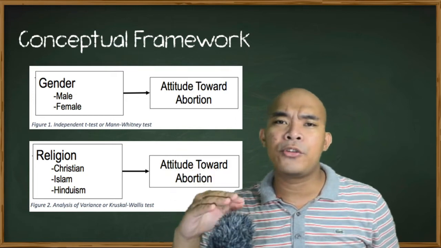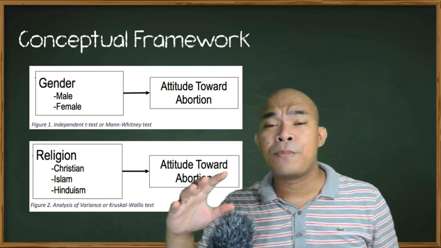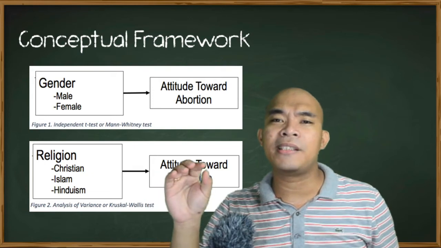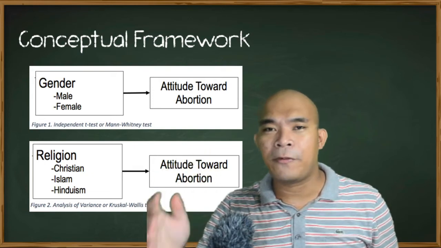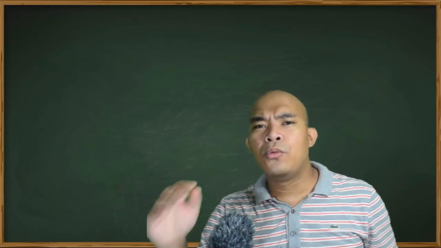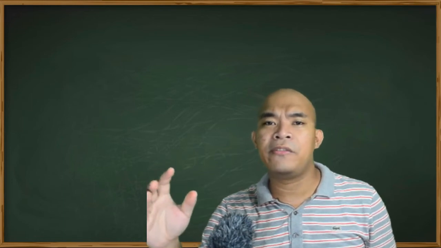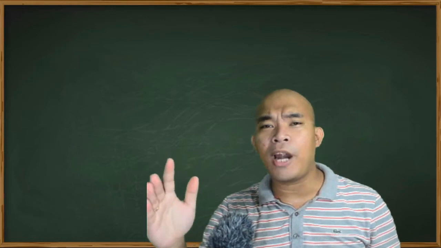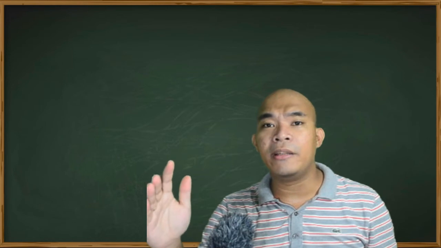So in the previous lecture, we discussed the conceptual framework for the test of difference in means and the possible statistical tool. So in this lecture, we will discuss the statement of the problem and the null hypothesis for each framework. So when doing research using a test of difference in means, we have to establish first the means or average for each category in the independent variable.